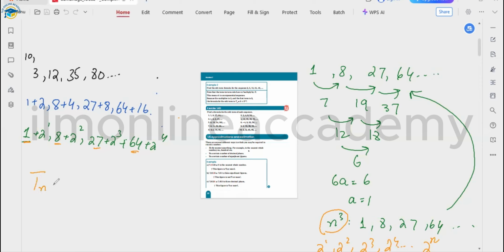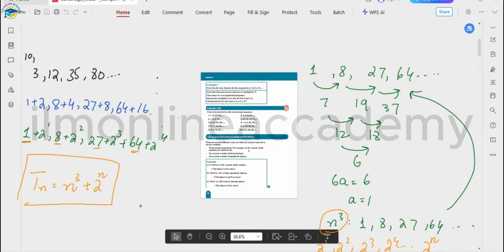So for writing the nth term of the sequence, we write n cube, the first numbers, and add the exponential sequence, that is 2 power n. This is basically the nth term of the sequence, part number 10.